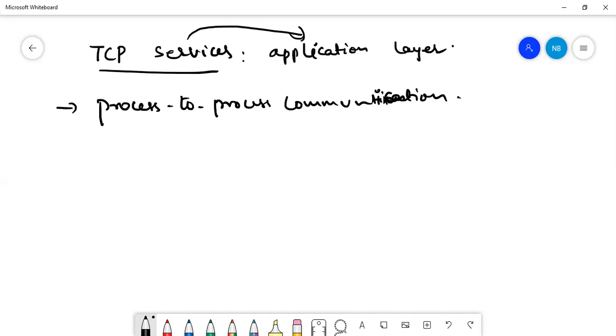So how will these processes communicate?